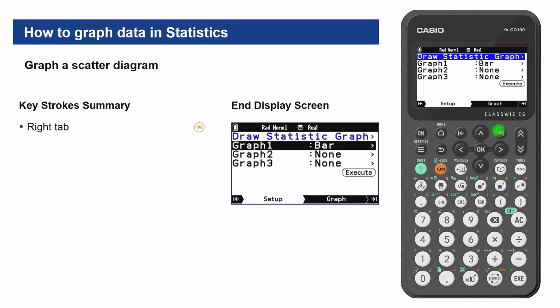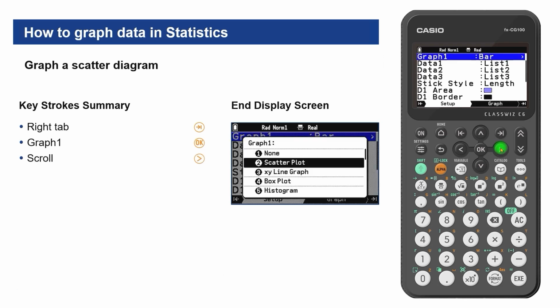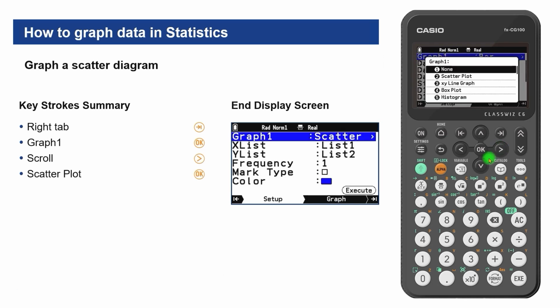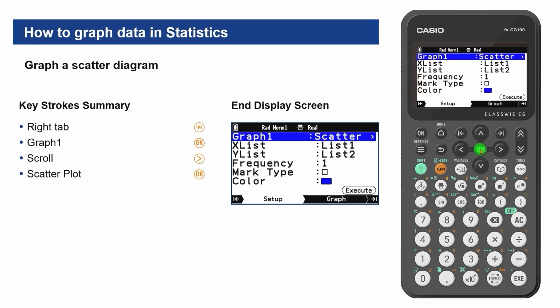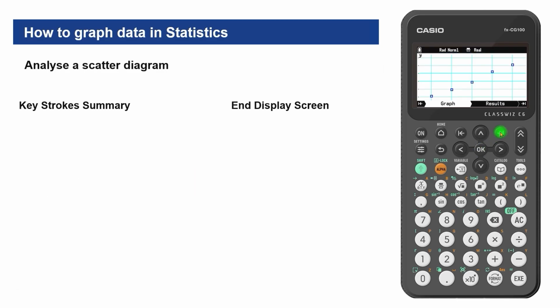Right tab to Setup, and select Graph 1 again, and scroll to change the type of graph. Select Scatter Plot to display the default settings, or any previously stored scatter settings for Graph 1. Right tab to Graph. From the graph, we can analyze and calculate some useful values.